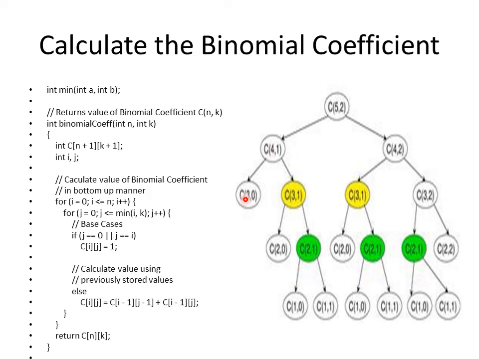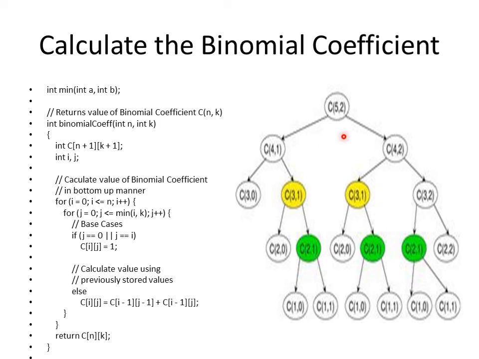Once again, 4 minus 1 is 3, and 1 minus 1 is 0. Now it stops here. You can see that when j equals 0 or j equals i, if either holds, it takes the value 1. Then again 3 minus 1 is 2, and 1 minus 1 is 0.